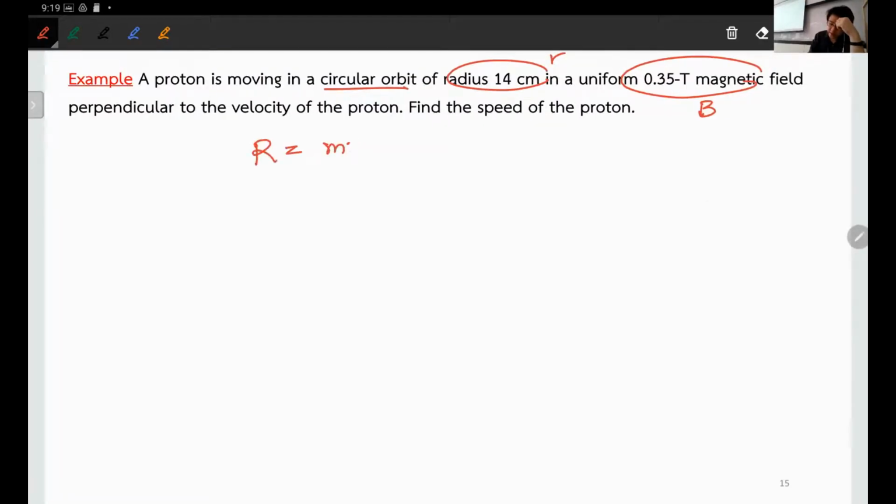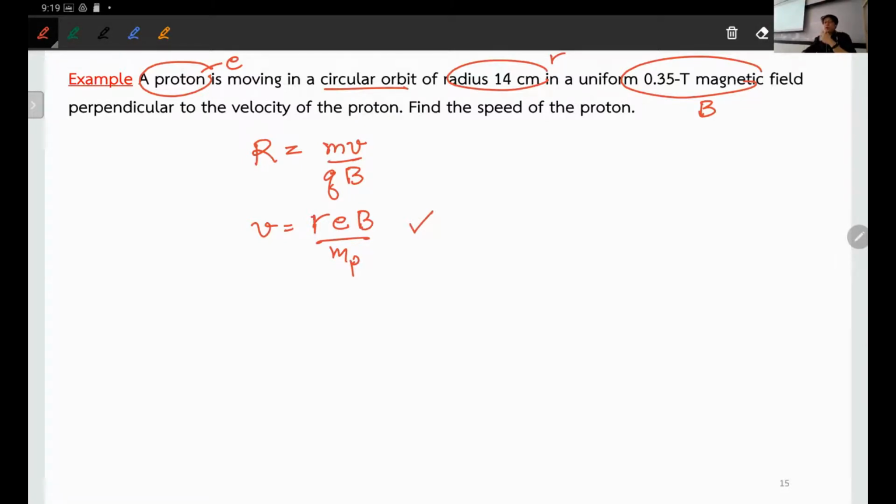It's r equals mv over qB. And because it's a proton, the charge is automatically one electronic charge. So I can just say v is just r e B over the mass of a proton. And you're done.